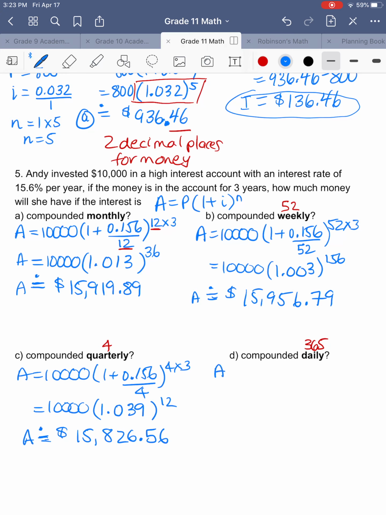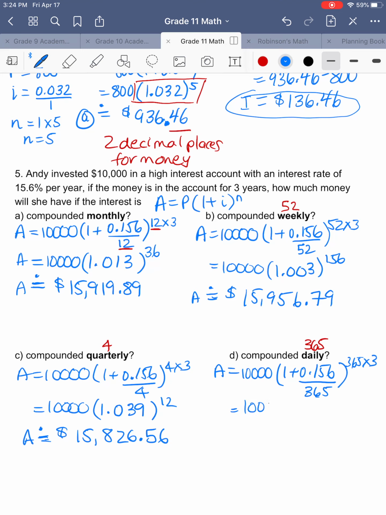So daily, 365 days a year. So this one's going to be slightly more complicated than the others because we're going to have to round a number. But I really want you to try not to round if possible. If you can put it all into your calculator in one go, that is the best, and that is the way to get the most accurate answer.